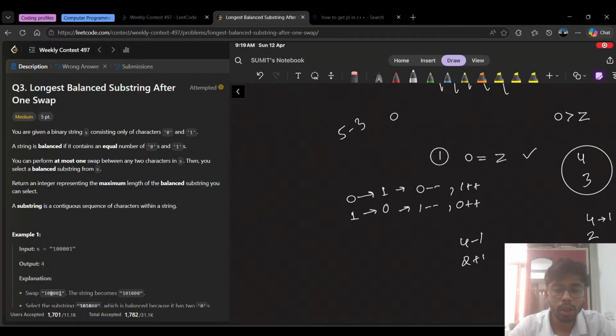Equals to 1, then only I can get length is equal to maximum of length comma j minus I plus 1, right?